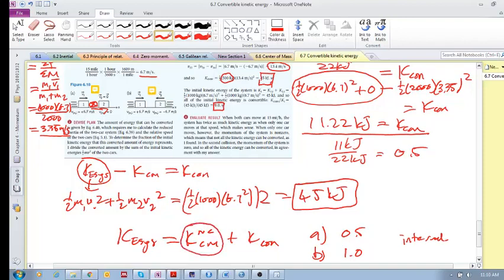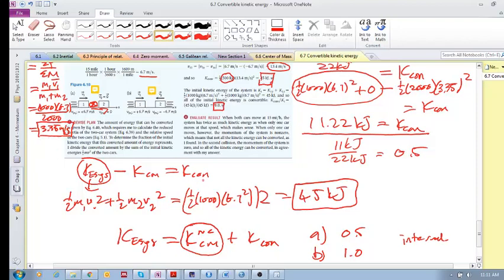What was the velocity of the center of mass in part A? It was 3.35. So because the center of mass had a velocity other than 0, there had to be a kinetic energy of the center of mass.